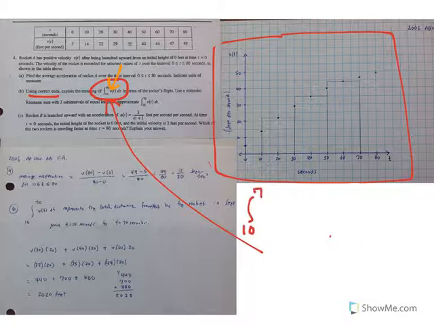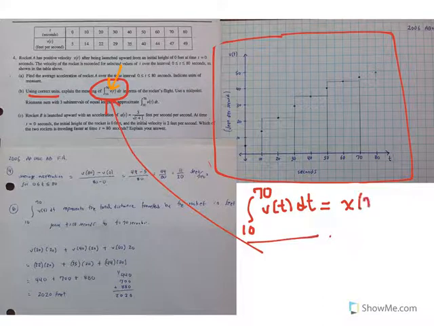It tells you the net change in the position of the rocket from time t equals 10 to time t equals 70 seconds. So we can, for example, say that x of t represents the position of the rocket at time t. So this definite integral would be x of 70 minus x of 10.